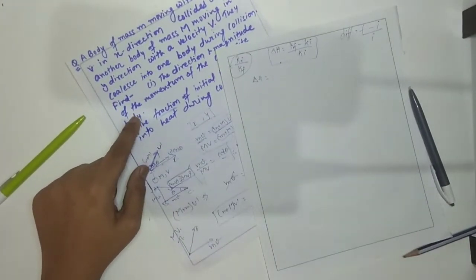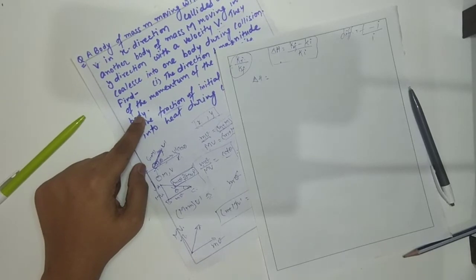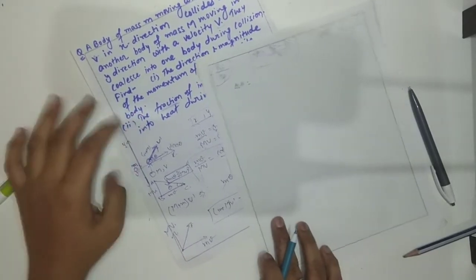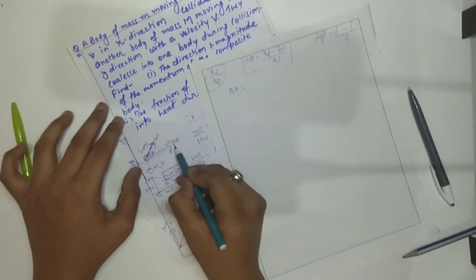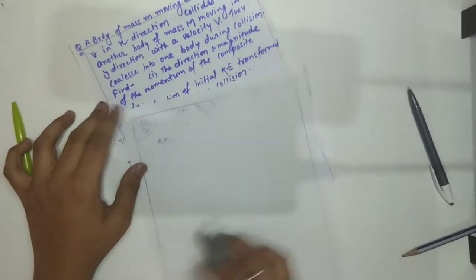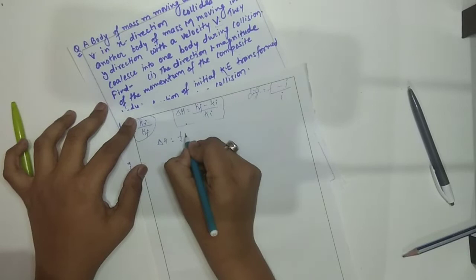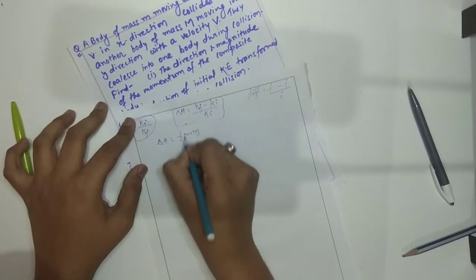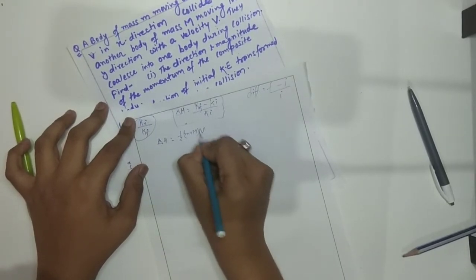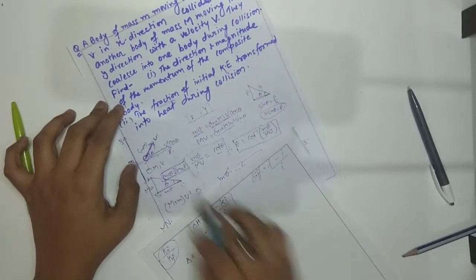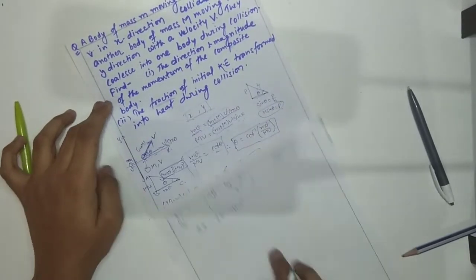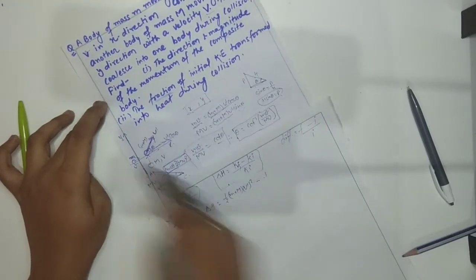We know that kinetic energy is a scalar quantity. Therefore, it does not depend on directions or anything. It just depends on the velocity and mass of the body. Therefore, it's simply half (m plus M) into v dash square, minus Ki. We need to consider both Ki's, meaning the energy of both the particles.